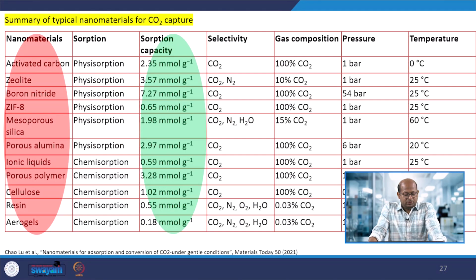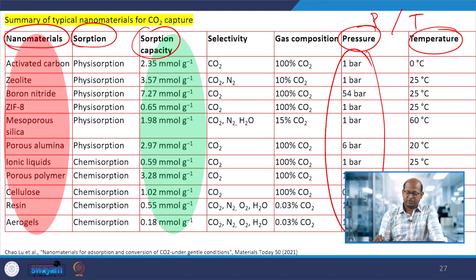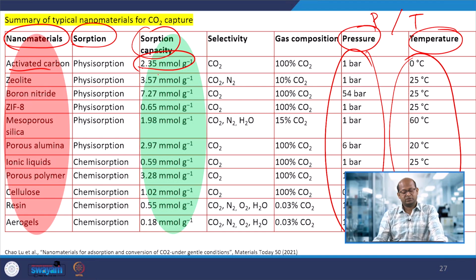Okay. So here different types of nanomaterials were taken and the adsorption types and adsorption capacity have been shown, under different environmental conditions, pressure and temperatures. So activated carbon can adsorb 2.35 millimole per gram of CO2, and here 1 bar and 0 degree centigrade was used.